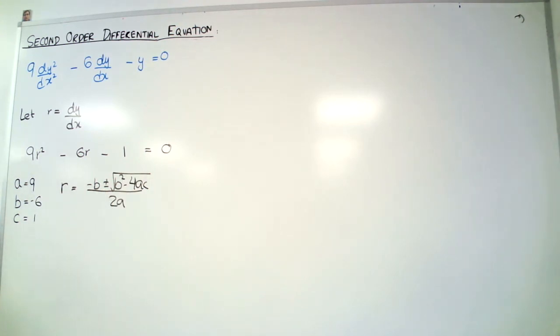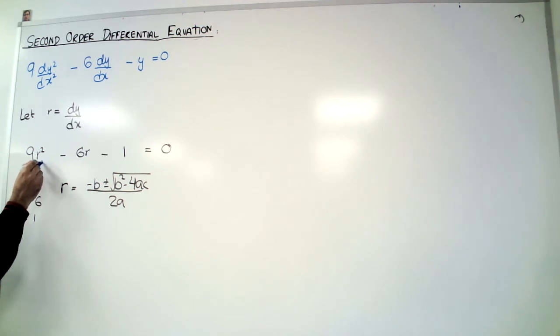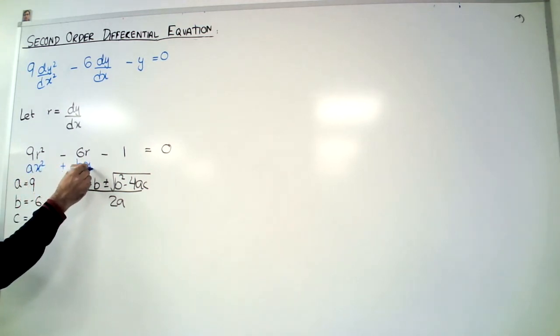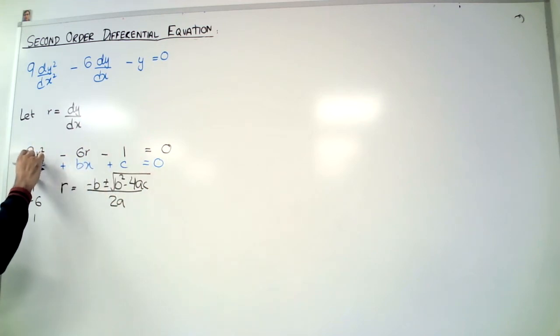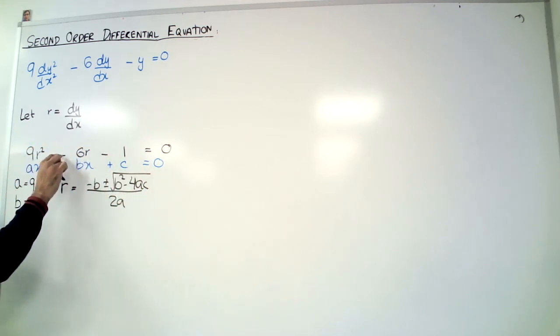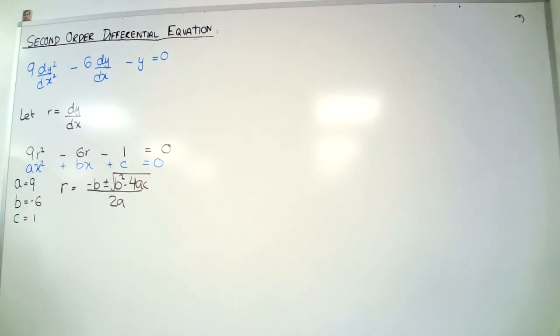We put the values of the a, b, and c, because the quadratic equations look like this: ax squared plus bx plus c equal to 0. So anything with the square thing is a, anything with that one is b. We take the sign as well, b is minus 6, c is minus 1. We put that in this formula.